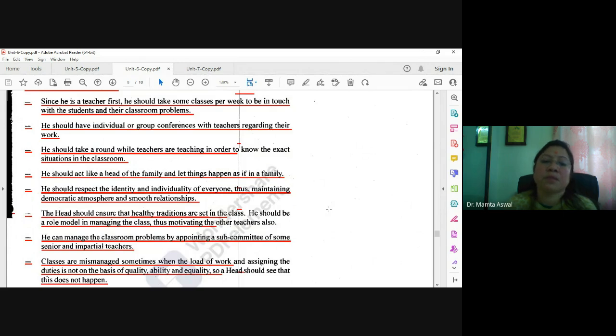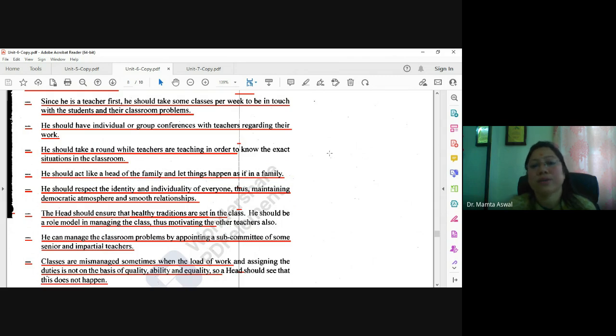Then he could organize individual and group conferences or meetings with the teachers. Regular meetings must be held inside the school to discuss important topics, examinations, certain activities, the organization of certain supervision, etc. Then the head teacher must go around and see what is happening in the school.